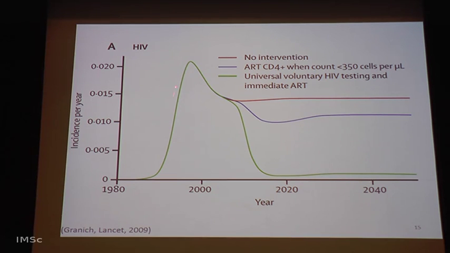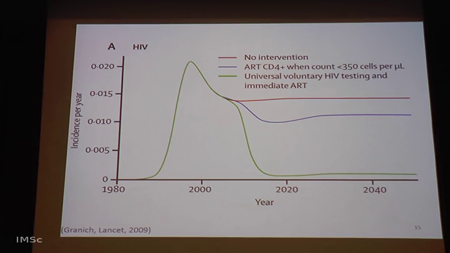So they did fit to the prevalence curve, which for South Africa goes up and then was flatlining here in 2000. And so what you have here is, with the no intervention scenario in the red line, what they predicted would happen if they just carried on doing what they were currently doing, which at the time was providing antiretroviral therapy to anybody when their CD4 count dropped below 200.